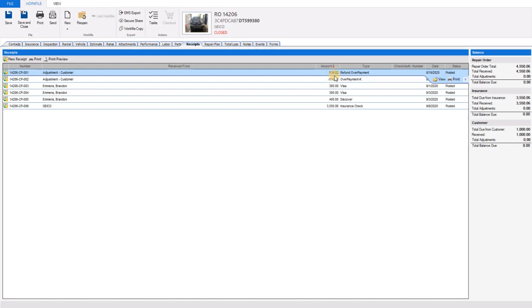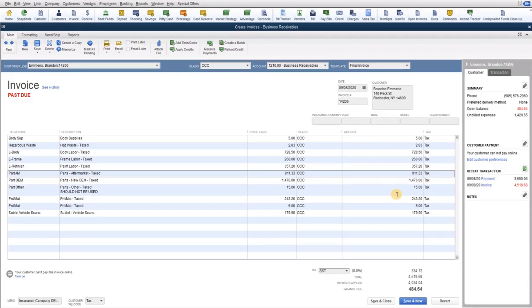So those are net zero, but the total job is only $4,550.08 in here. And if we look in QuickBooks, it's $4,518. So there's something off here.